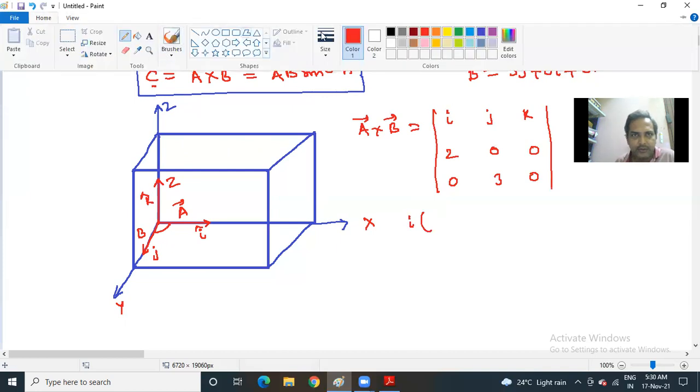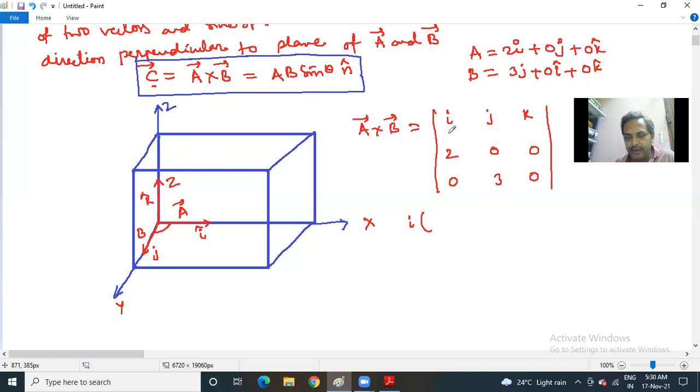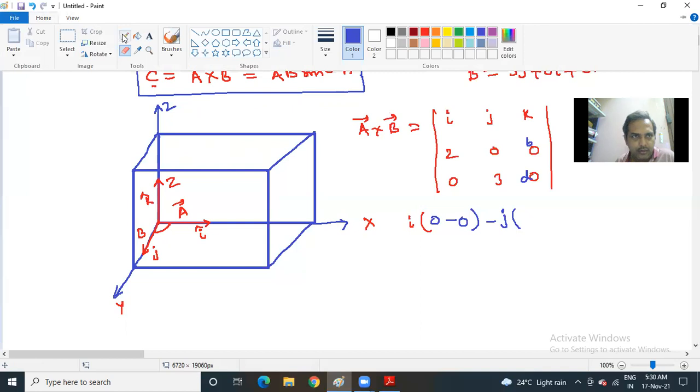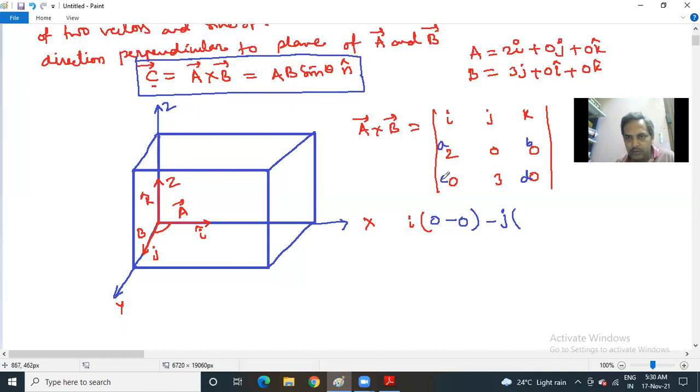Once again, if you take i, you forget about this column and this row. So AD 0 minus BC 0. 3 into 0 is 0. This is gone. Now when you move to j, you forget about this column and row. Now this one is A, this one is C. AD, 2 into 0, 0 minus 0.